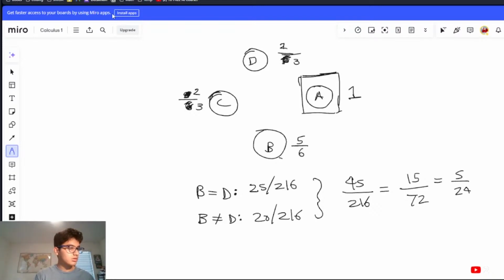Wait, let's go about it in a different way, actually. Let's go about it in a slightly different way. But I think it will just end up being the same exact thing. Let me think about it for a second. Yeah, the other thing I was thinking was we can do A, B, and then do the casework on C instead.